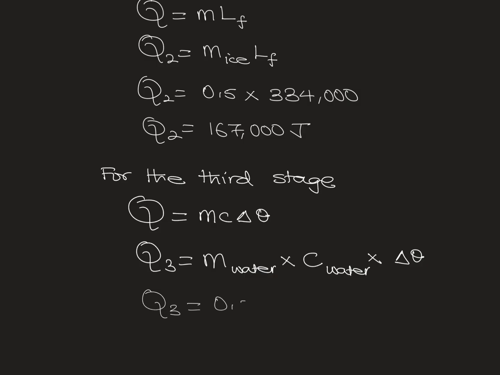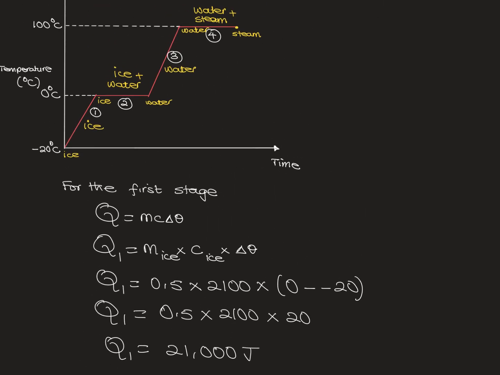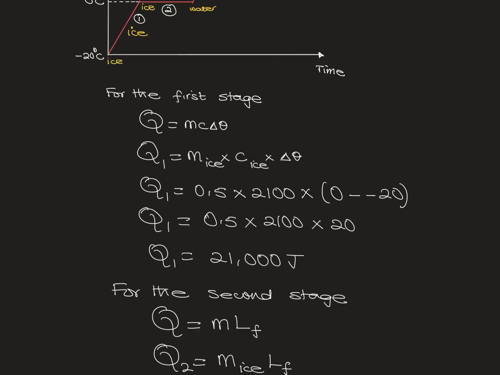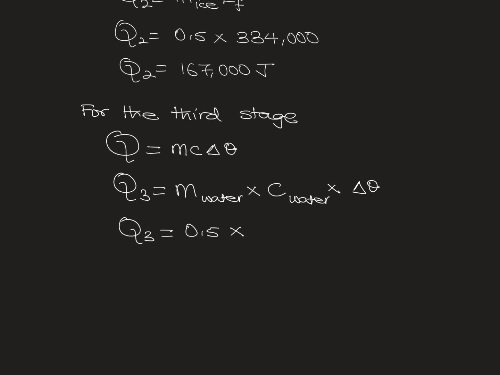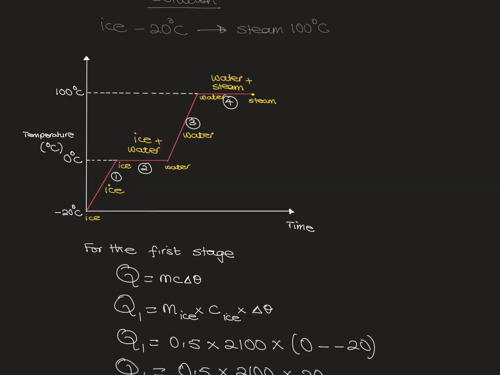So that is going to be 0.5 multiplied by the specific heat capacity of water, given in the question as 4,200 joules per kilogram per Kelvin, multiplied by the change in temperature, which will be 100 minus 0, the final temperature minus the initial temperature for the third stage.